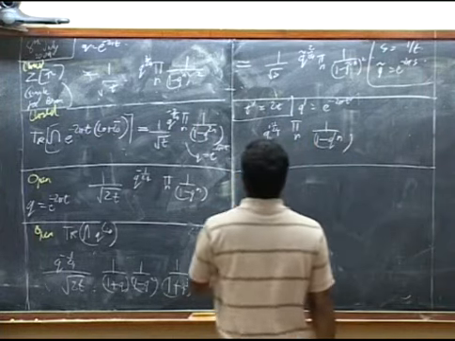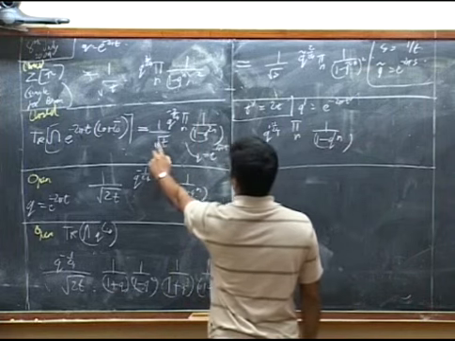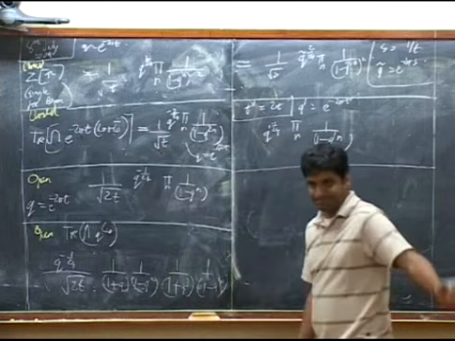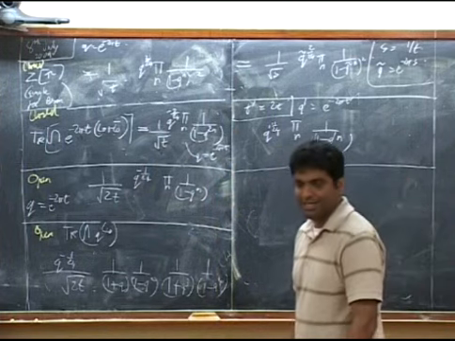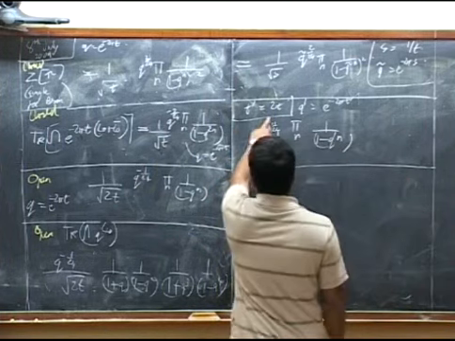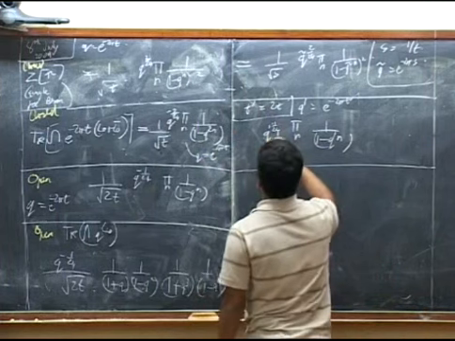But now, we had here t, not t prime. So let's write t in terms of t prime. So t is equal to t prime by 2.